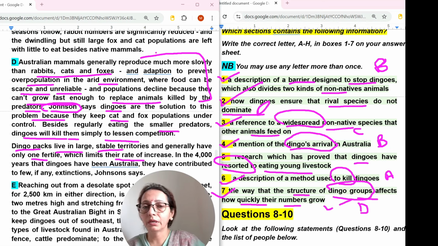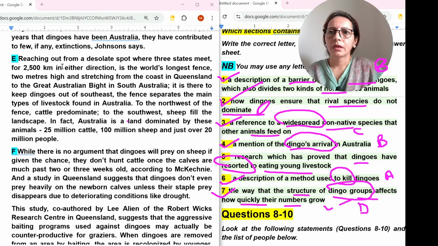Okay, let's read E number paragraph also. Now, E number paragraph we will read. Reaching out from a desolate spot where three states meet for 2,500 kilometers in each direction, the world's longest fence, 2 meters high and stretching from the coast in Queensland to the Great Bight. It is there to keep dingoes out of the southeast, and the fence separates the main types of livestock found in Australia.